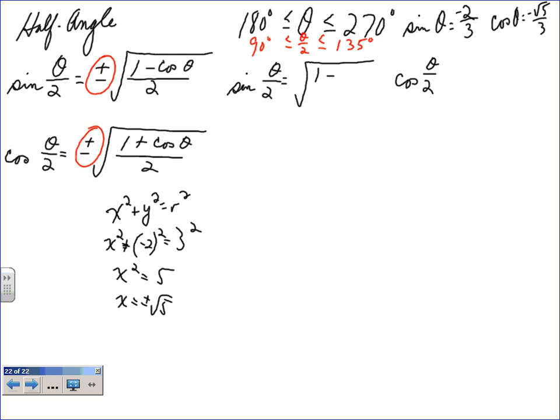So 1 minus cosine, which is negative square root of 5 over 3, over 2. And the double negative makes that 1 plus the square root of 5 over 3 all over 2.